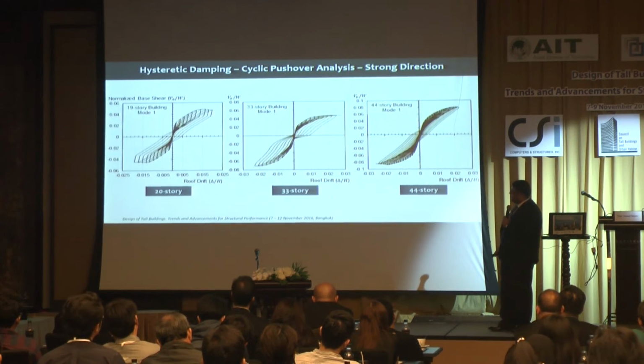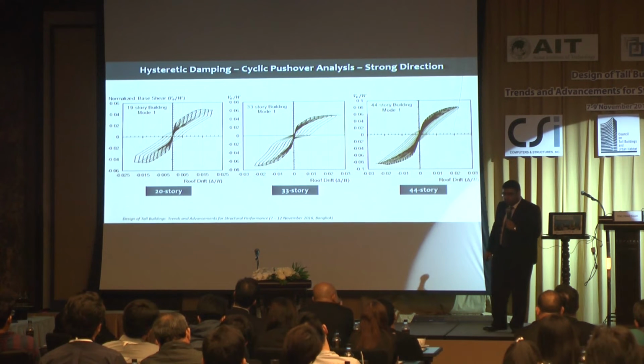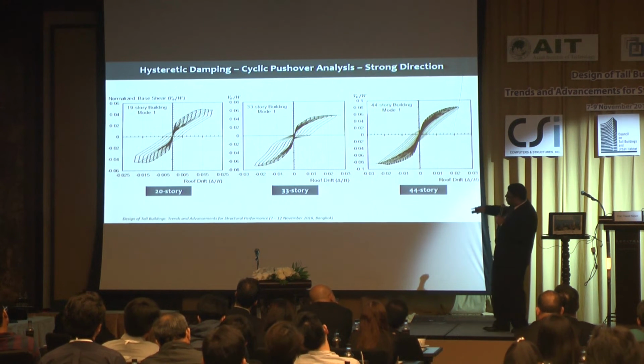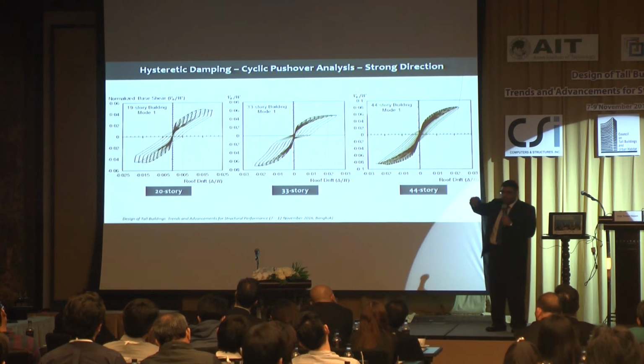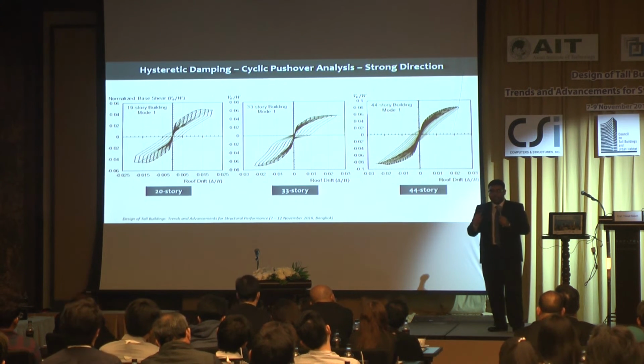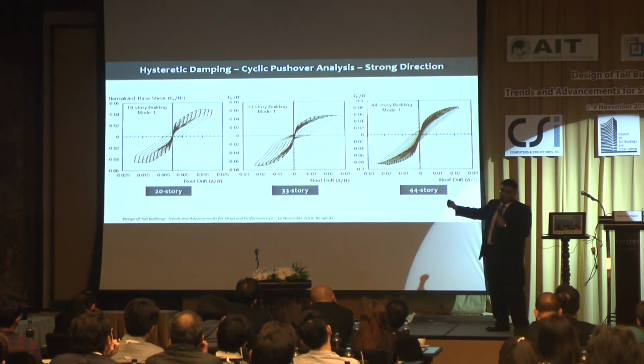For damping, what we did is that we carried out the actual cyclic pushover analysis for our case study buildings, and we calculated the actual area enclosed by each loop, and then we equated it with the triangular area as I showed before, and we came up with the additional damping required for each case study building, for each mode of each case study building.